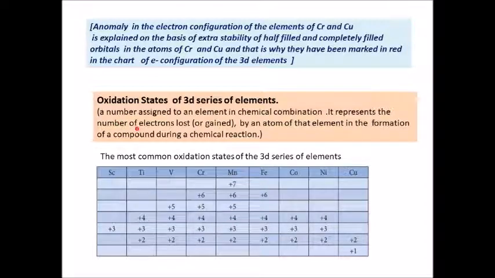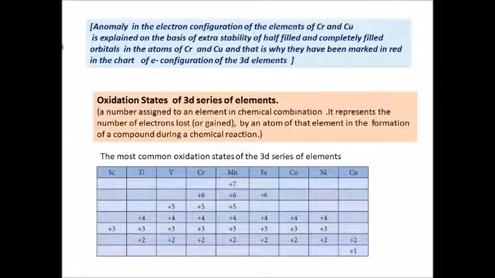It represents the number of electrons lost or gained by an atom of that element in the formation of a compound during a chemical reaction. Now it can have a plus charge or minus charge depending on whether the electron is lost or gained respectively. So we see here the most common oxidation states for the 3d series of elements.